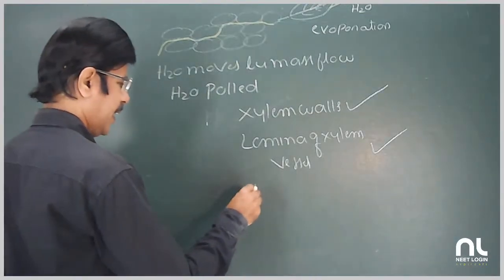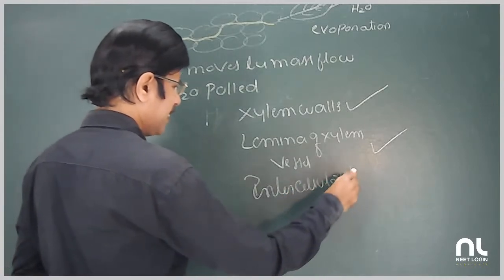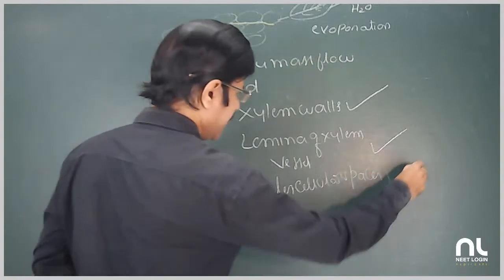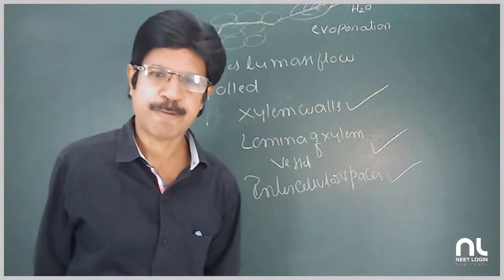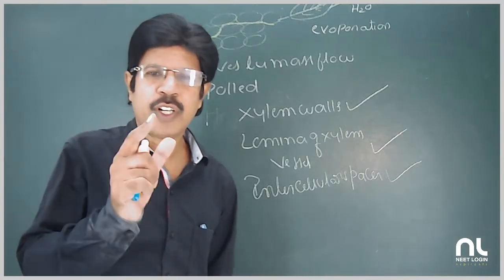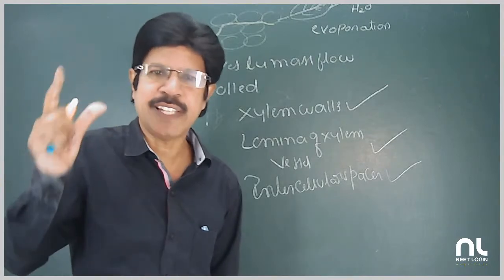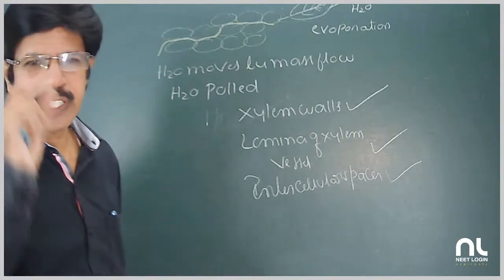And intercellular spaces are also apoplastic movement. So cortical cells do not offer resistance to water movement. The water movement is very fast in apoplast than symplast. That is also a key point.